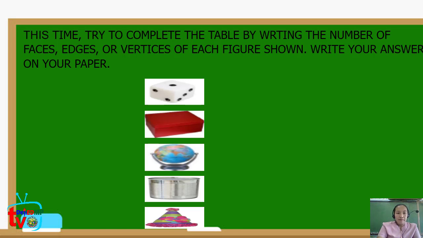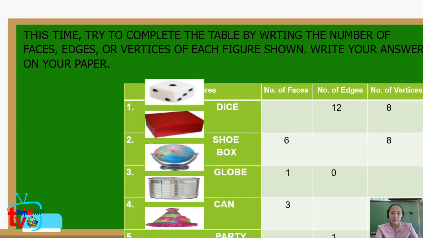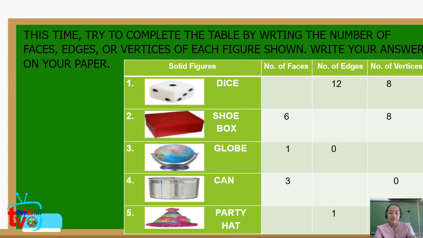This time, try to complete the table by writing the number of faces, edges, or vertices of each figure shown. Write your answer on your paper. Okay, so number 1 is a dice.